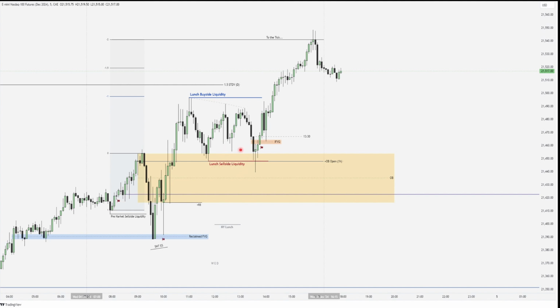You're just waiting for the market to take out the lunch sell side while leaving that lunch buy side intact, and then you can look for a market maker buy model on a lower time frame or just a 5 minute, and then targeting that lunch buy side liquidity, which will form the original consolidation on a lower time frame.